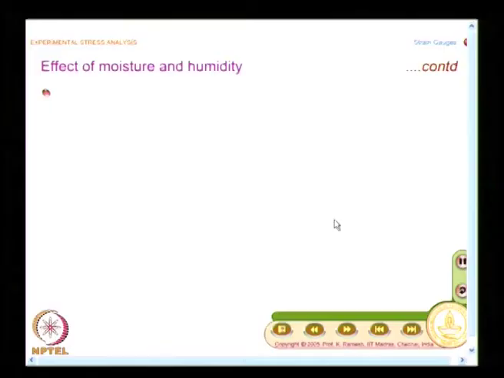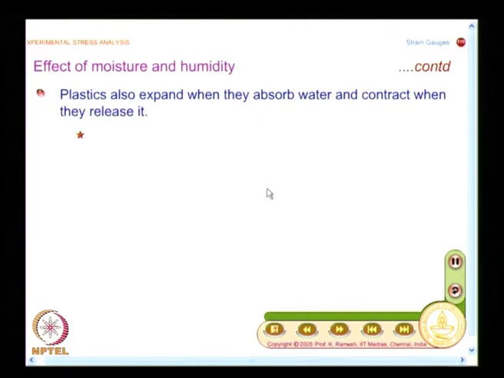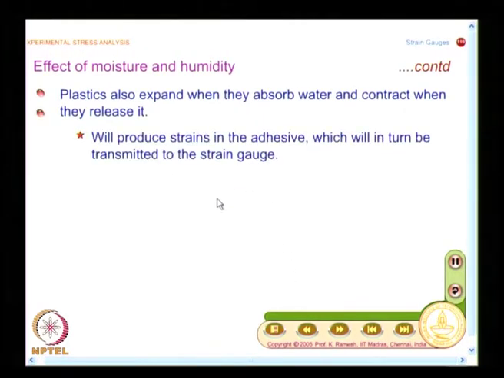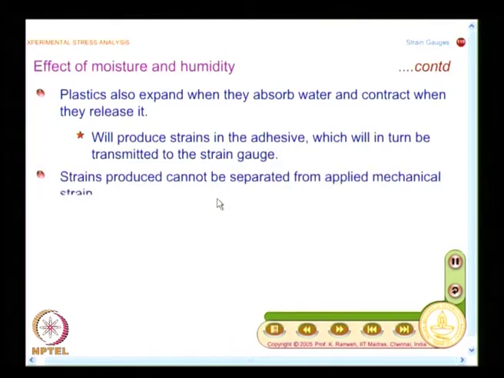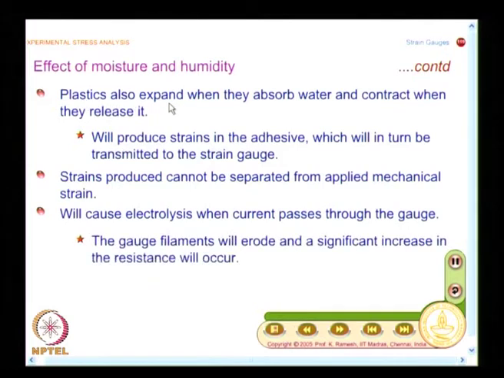And what happens, plastic also expands when it is wet. So, you have strains developed and that strain also will be sensed by the strain gauge. Plastics expand and this will produce strains in the adhesive, which will in turn be transmitted to the strain gauge.